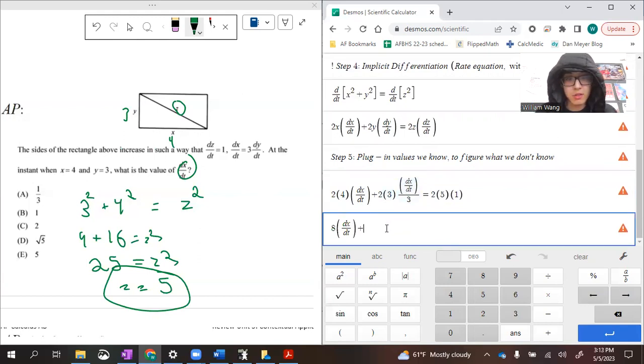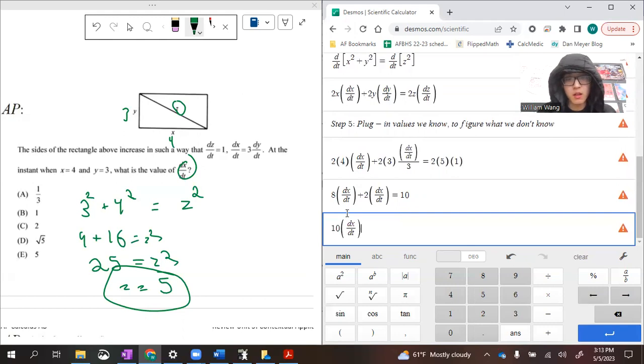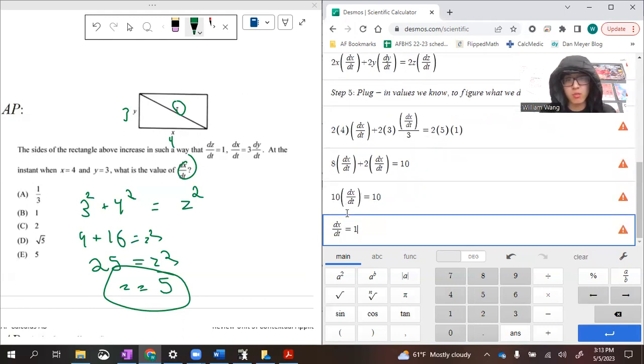These 3's cancel out, so it's just 2 dx over dt is equal to 10. 8 dx over dt plus 2 dx over dt, that's just 10 dx over dt is equal to 10. That means dx over dt is equal to 1. So my answer, what is the value of dx over dt? The answer is B, 1. All right, hopefully that makes sense.